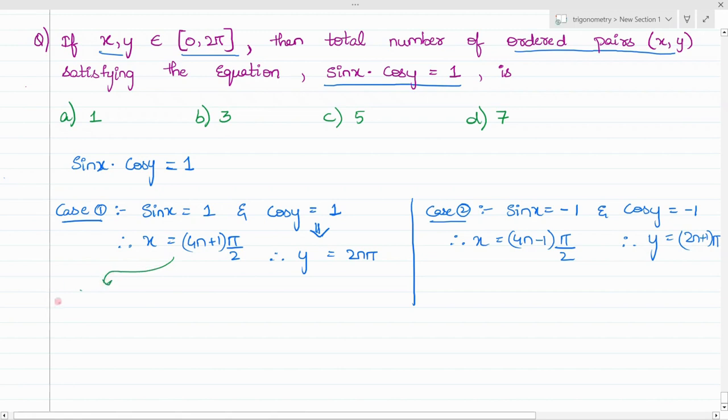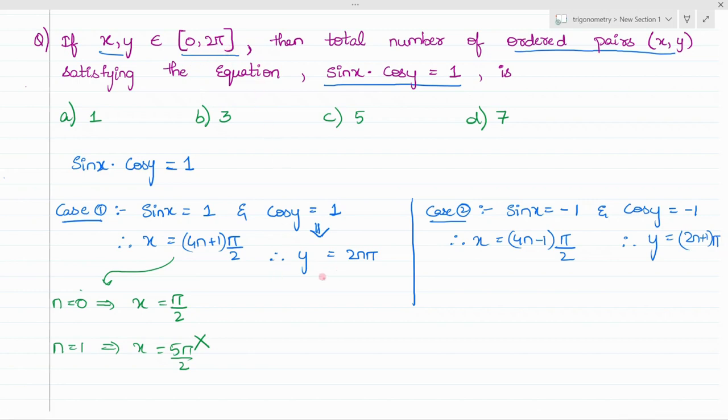For the first, if n equal to 0, the value will be pi by 2, which is okay because it lies in the range 0 to 2 pi. If you keep n equal to 1, it will be 5 pi by 2, which is not correct because it does not lie in this range. So there is only one solution, when n equal to 0.